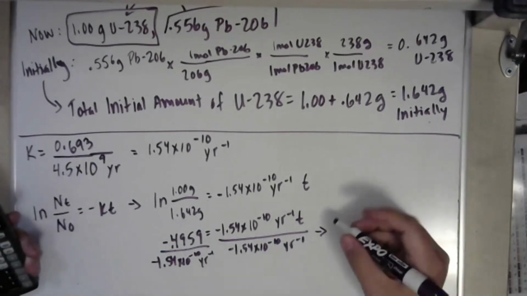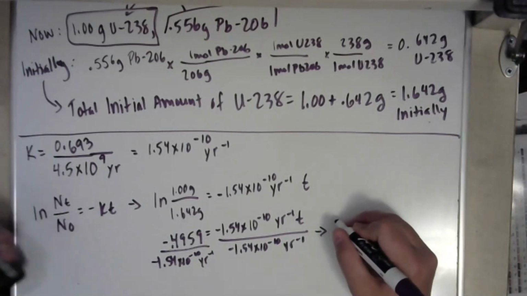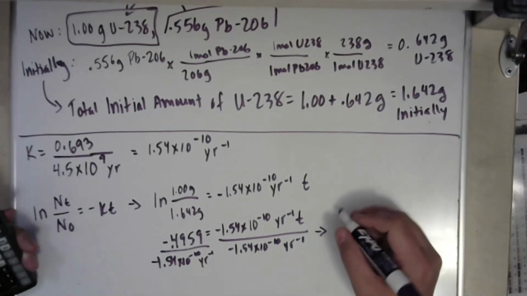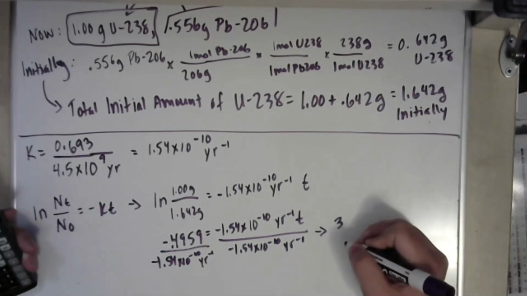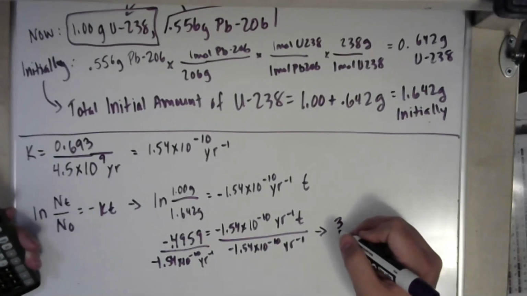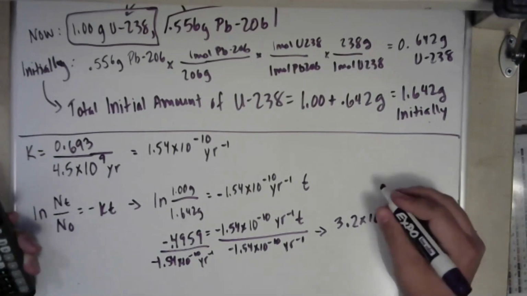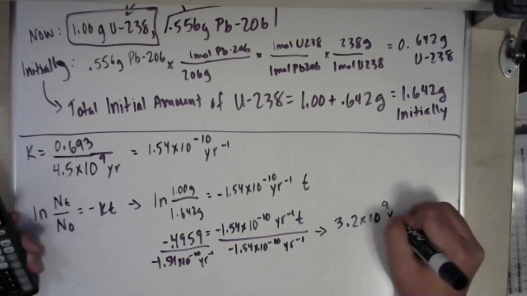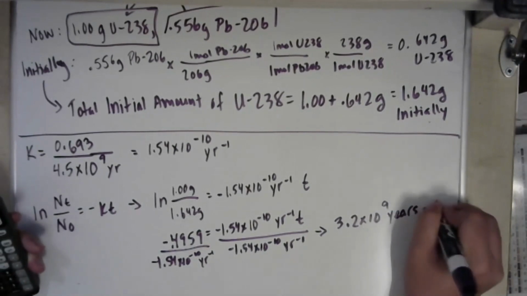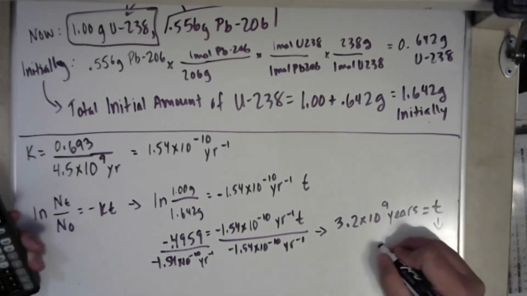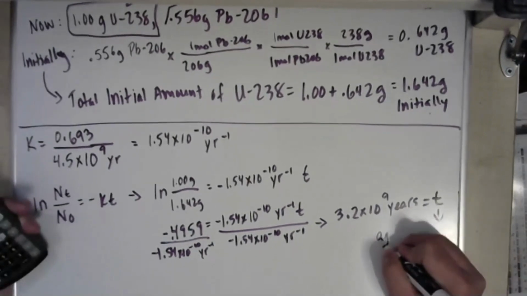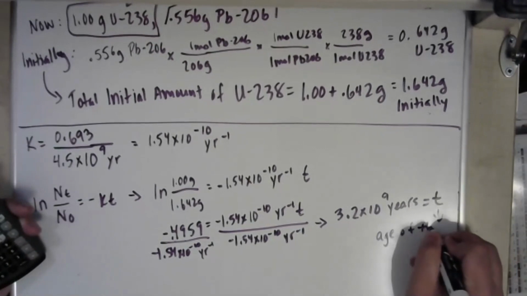We end up with a real big number, but that's fine. It's 2 sig figs because of the half-life calculation there. So it'll be 3.2 times 10 to the positive 9 years. That's the time, and that's going to be the age of the meteor.